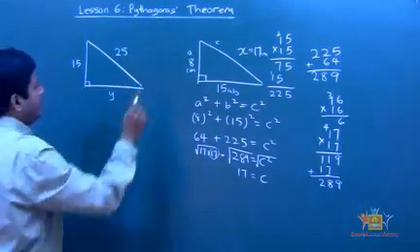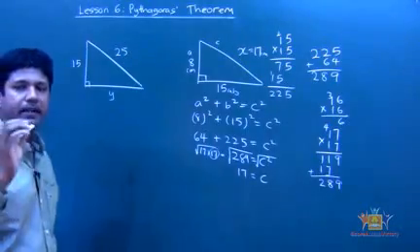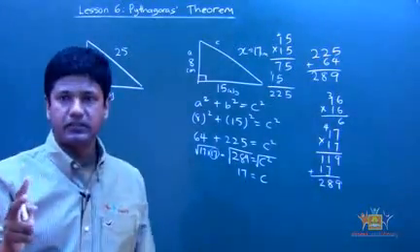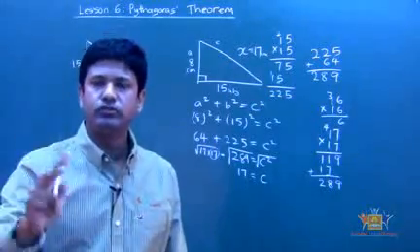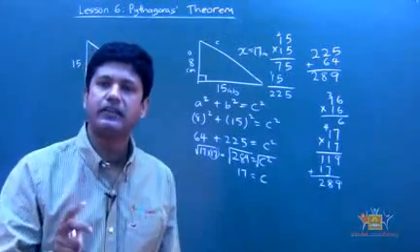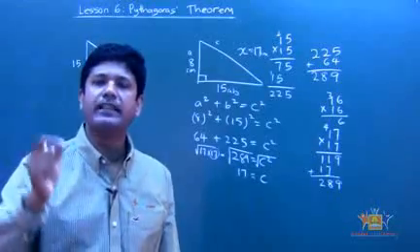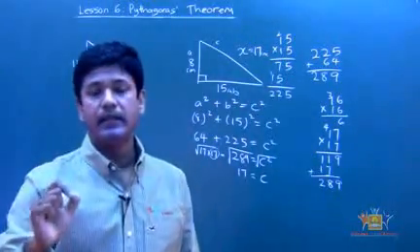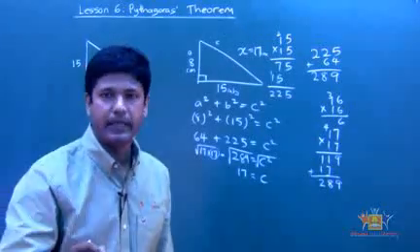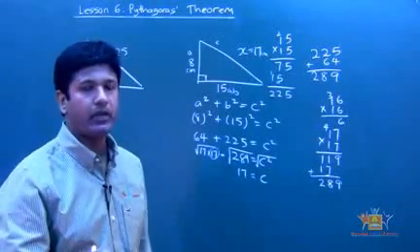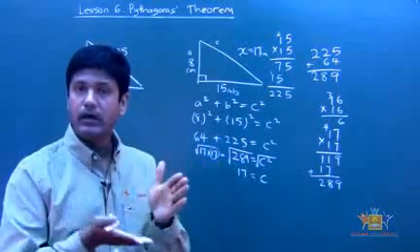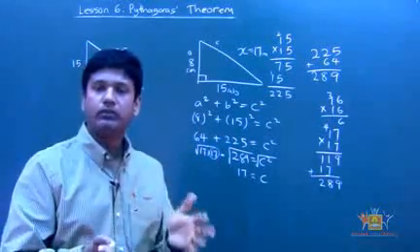Now keep in mind, in order to apply the Pythagoras theorem, you have to know two sides. You need to identify the two sides before you can find the third side, unless it's an isosceles triangle. Why is it an isosceles triangle? Because you know the two sides are equal, so it will be easier.